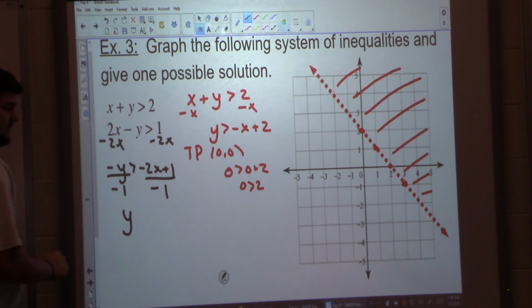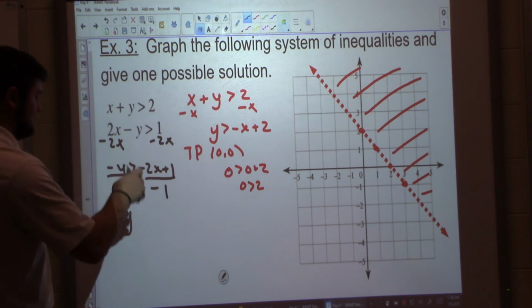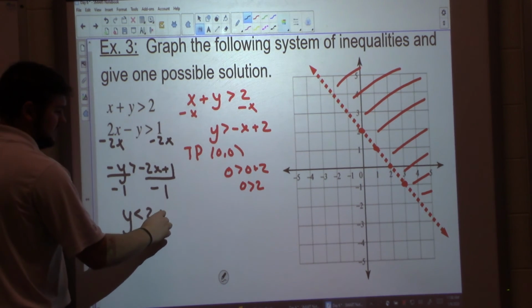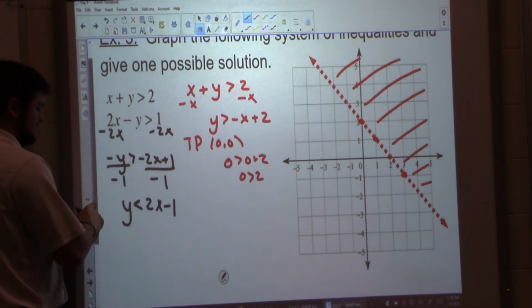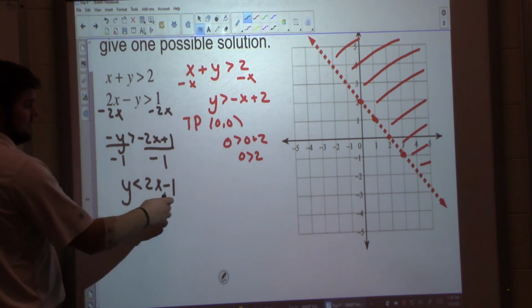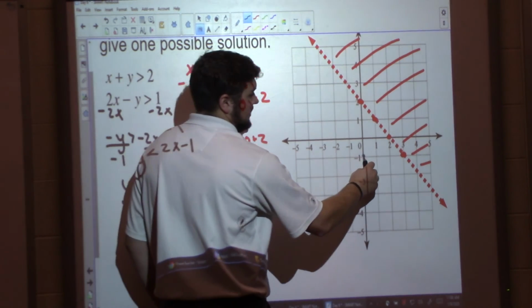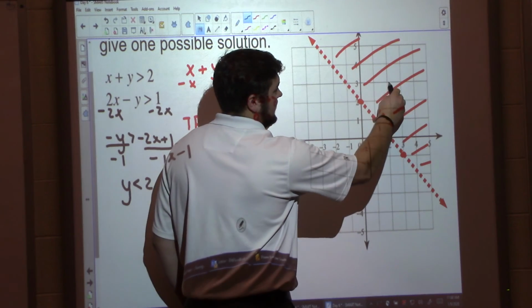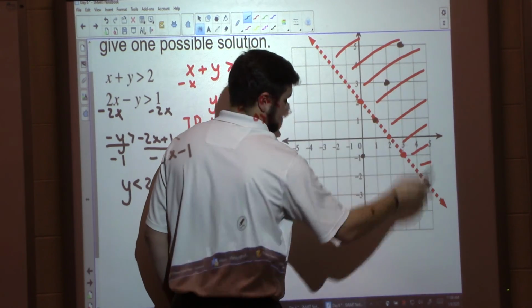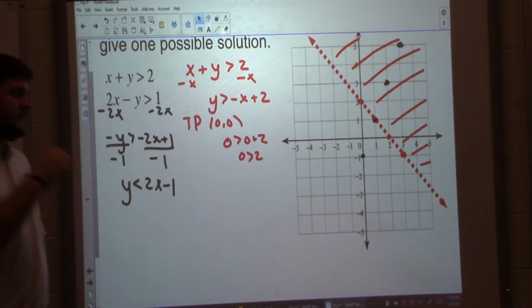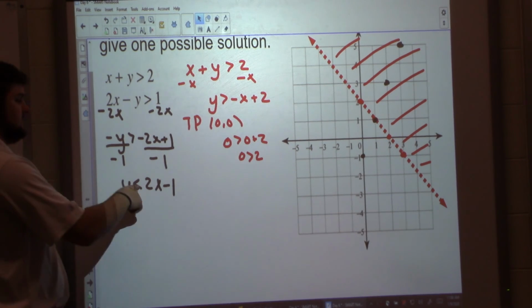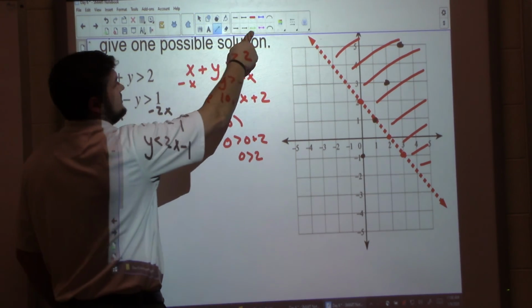So it makes positive y, but hold on. What happens to my sign when I divide by a negative? It flips. So it becomes y less than 2x minus 1. All right, let's graph this. Y-intercept at negative 1, up 2 over 1. Solid or dashed line? Dashed again, it's not or equal to.